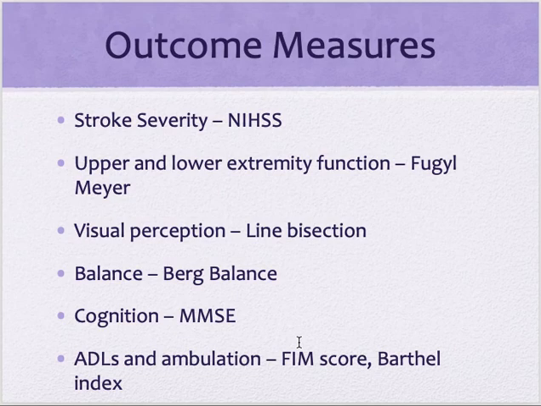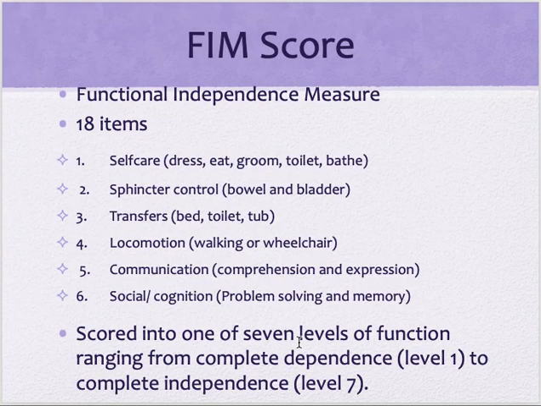So same, I will show you one, the FIM score, functional independence measure. There are 18 items. You can see a lot of items are written over here. Each is scored into one of 7 levels of function, ranging from complete dependence, level 1, to complete independence. Of course, if someone is getting a score of 7, it means they can survive without any caregiver help.